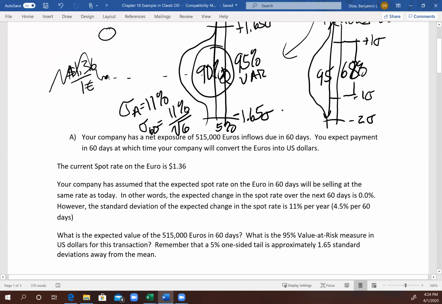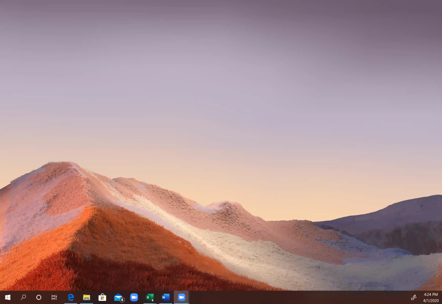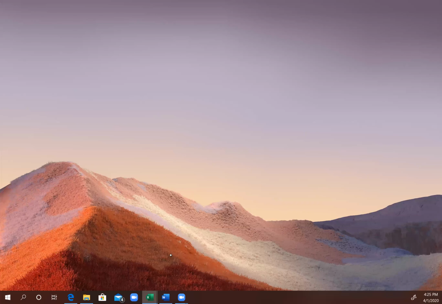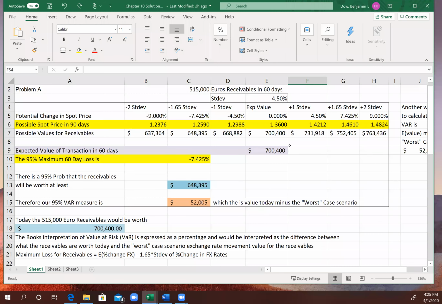So if we think it's equally likely to go up as it is to go down, we can give it an expected change of 0. And if we give it an expected change of 0 and we know the standard deviation, we will now be able to show what the different outcomes are. This is online as well.